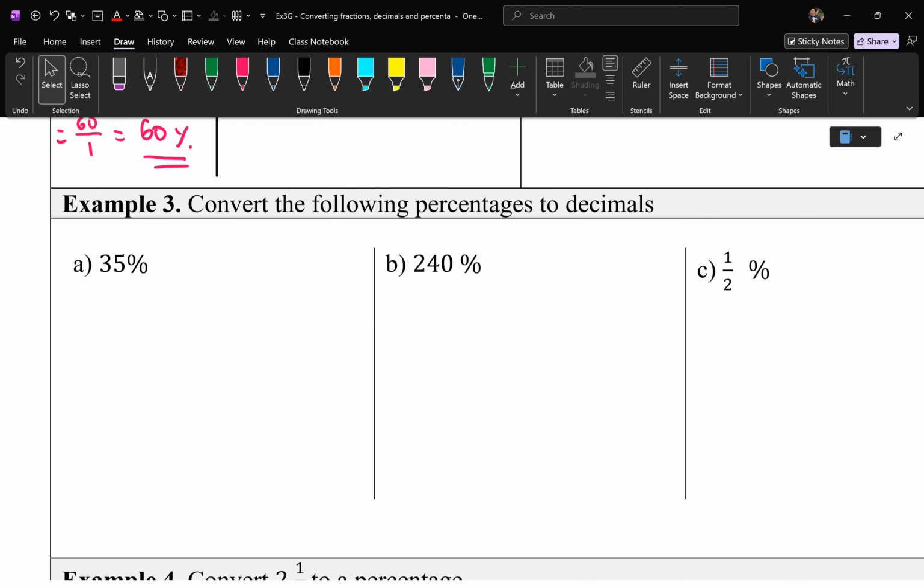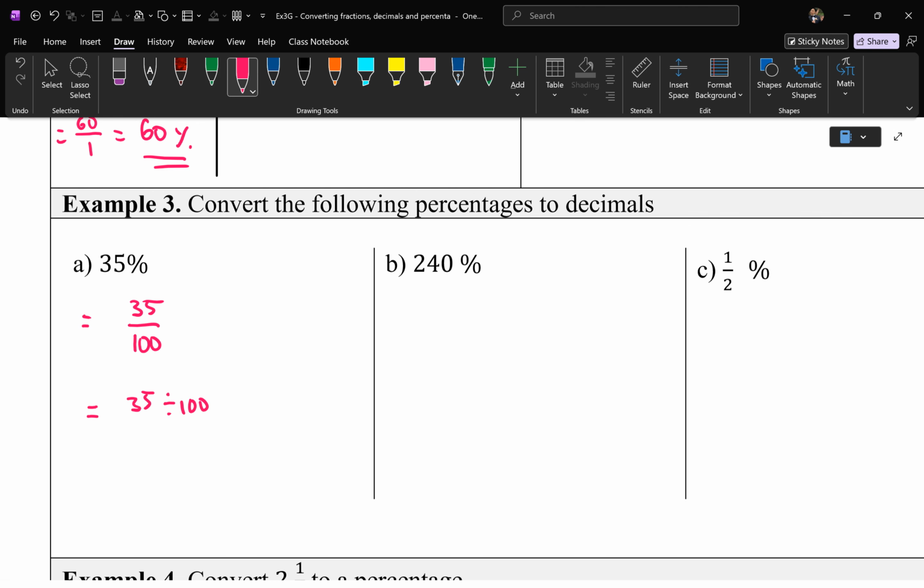The other way is even easier. When you say 35%, percent meant every 100. So 35% literally meant 35 over 100. That's your fraction. So if I said, how do you convert percentages to fractions? You literally just read it. 35 over 100. But then if I said convert that to a decimal, 35, this symbol means divide. You literally just divide by 100.